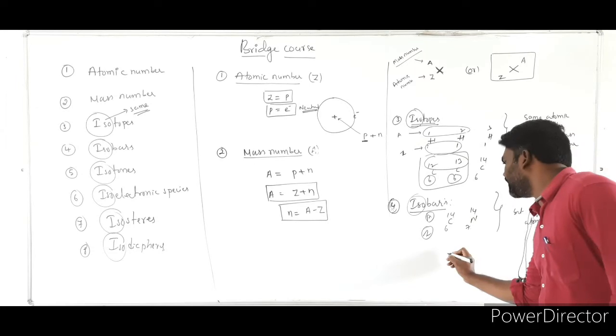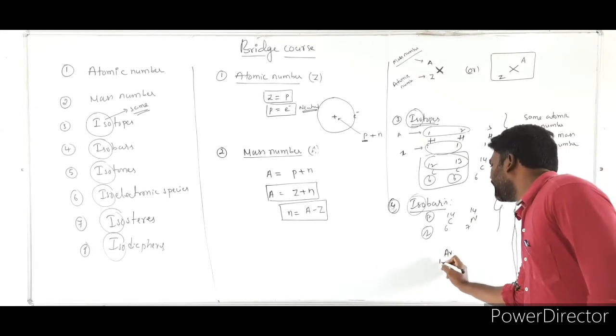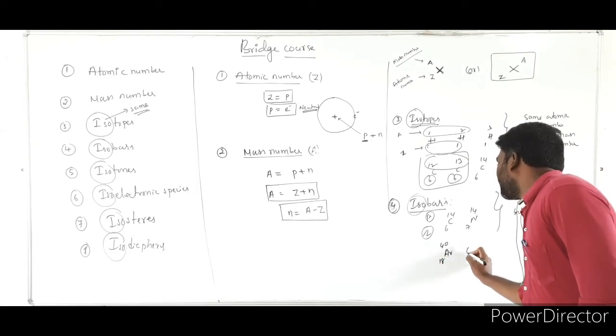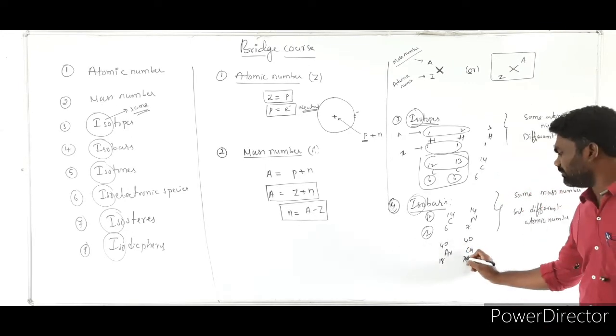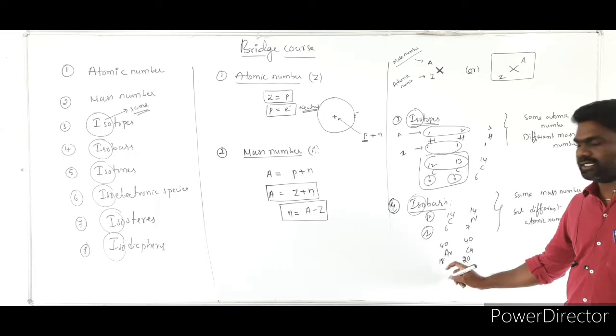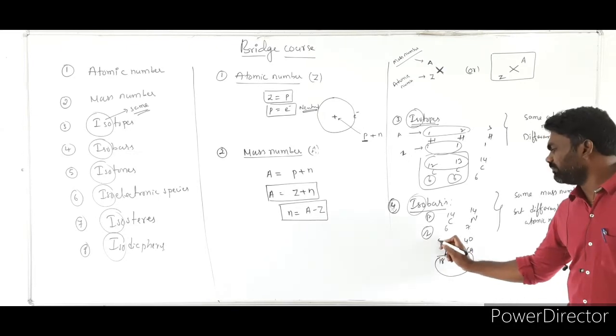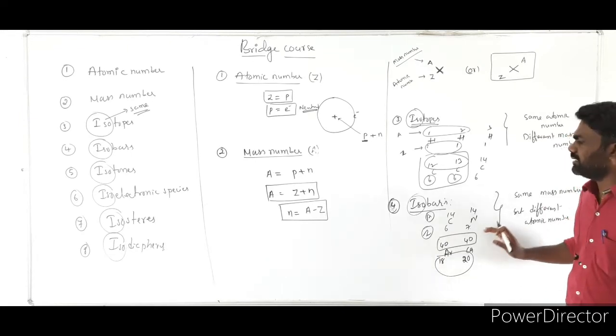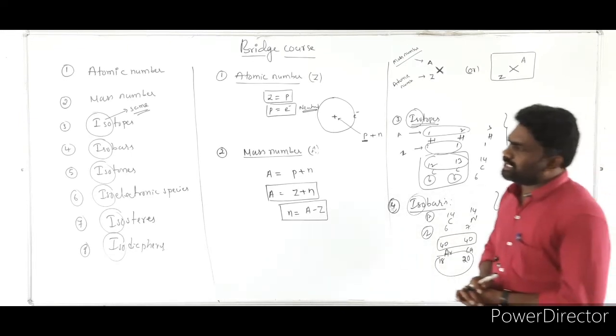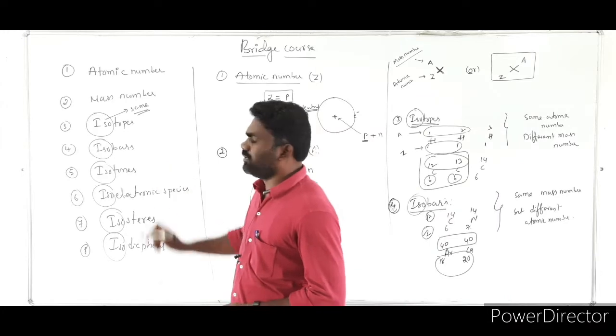We will take one more example: argon 18-40 and calcium 20-40. The calcium atomic number is 20, the argon atomic number is 18. The atomic numbers are different, but the mass numbers are 40 and 40. The mass numbers are the same, so these are isobars.